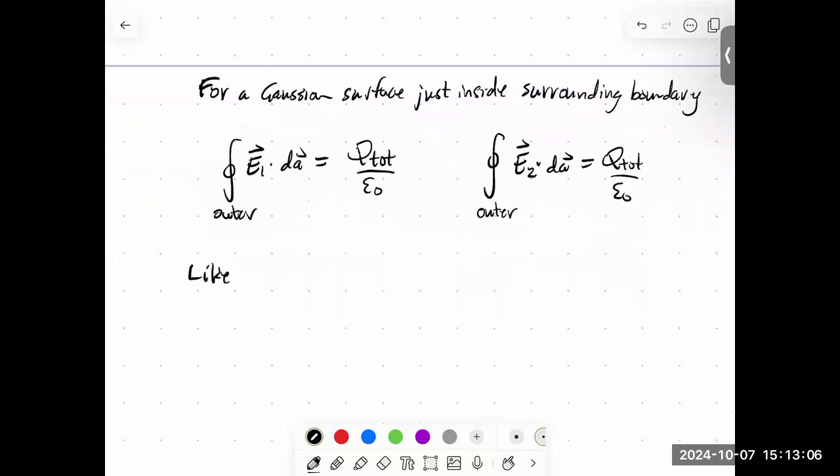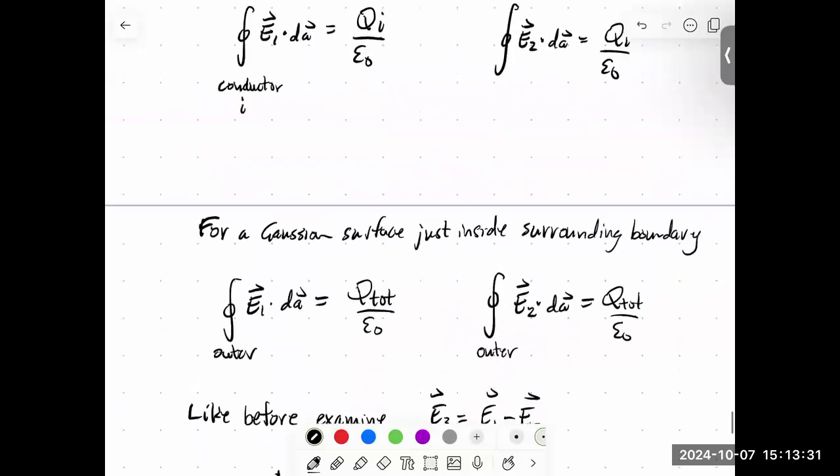So like before, what we're going to do is examine E3 is equal to E1 minus E2. So if I do that, what's the divergence of E3?